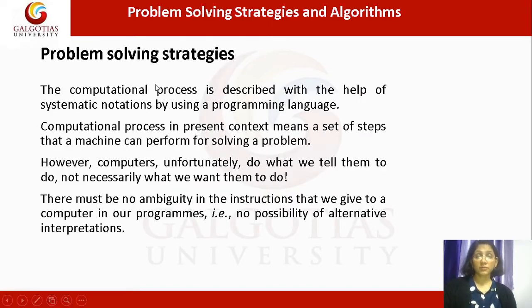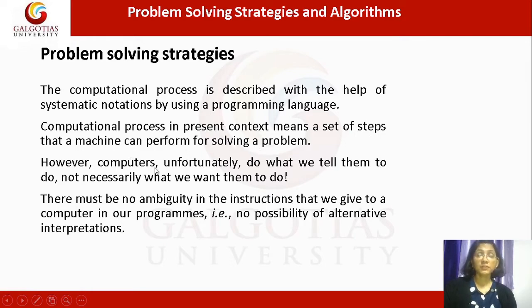The computational process is described with the help of a systematic notation by using a programming language. In this particular course, the programming language that we are going to use is the C programming language. Computational process in the present context means a set of steps that a machine can perform for solving a problem.